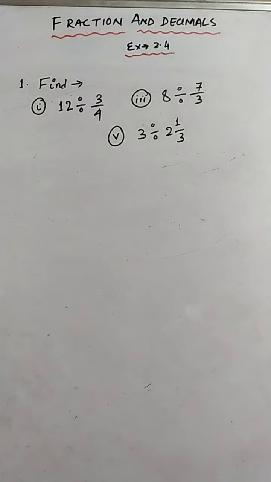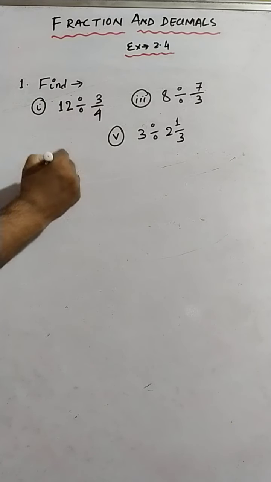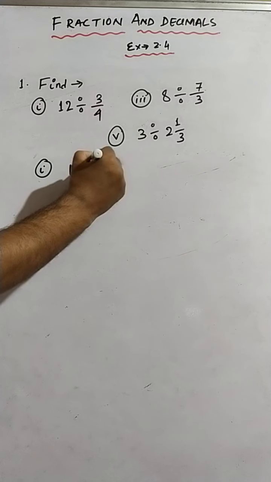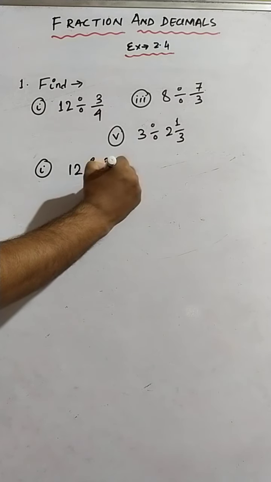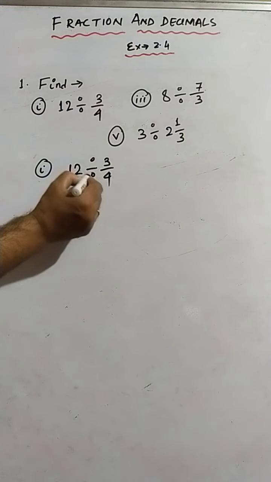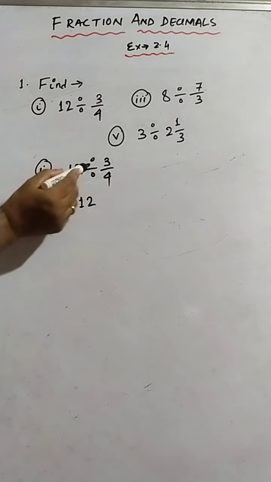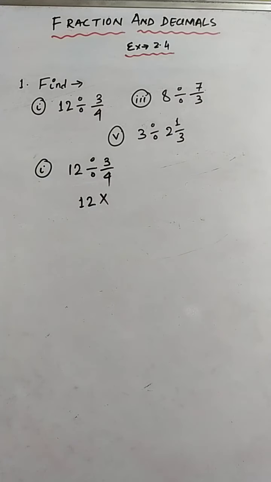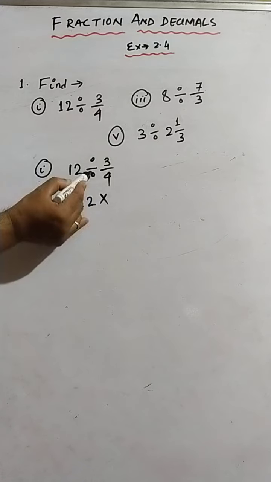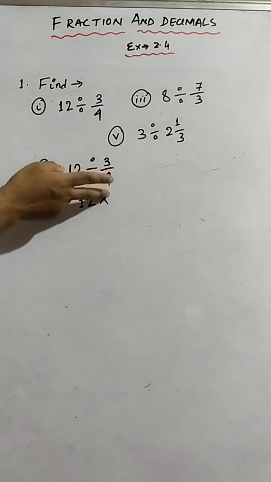Okay students, so this is also very easy. Sum number 1 is what? 12 divided by 3 upon 4. So what is the concept we are having? When you see this division sign, what is the next step we have to do? See very carefully. In place of division we will write multiplication sign. And when we put multiplication sign in place of division, the fraction on the right hand side will be reciprocal.